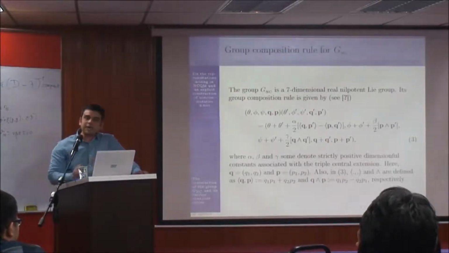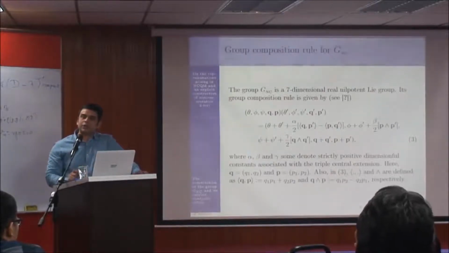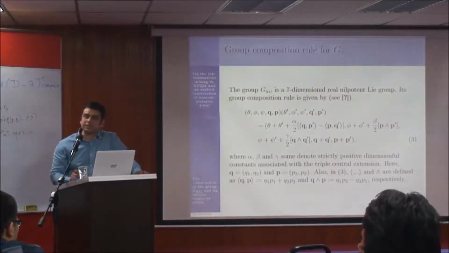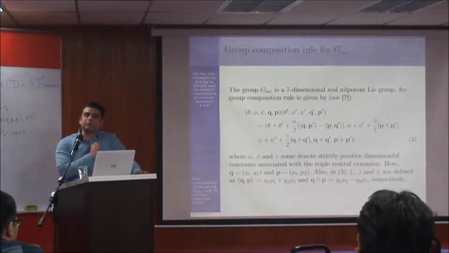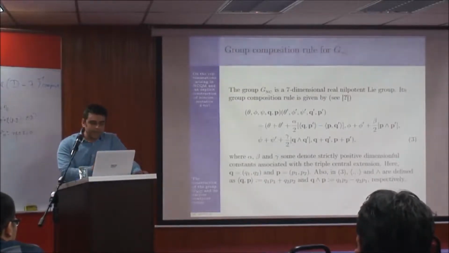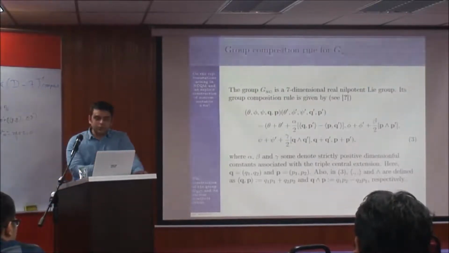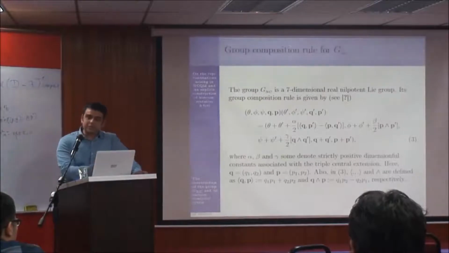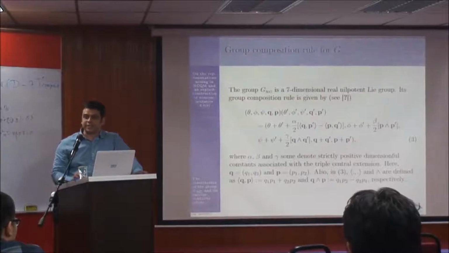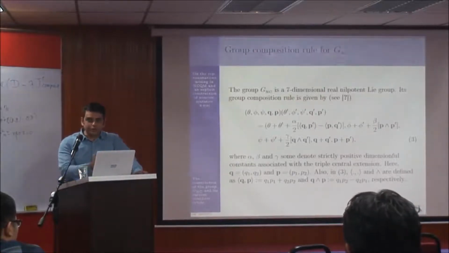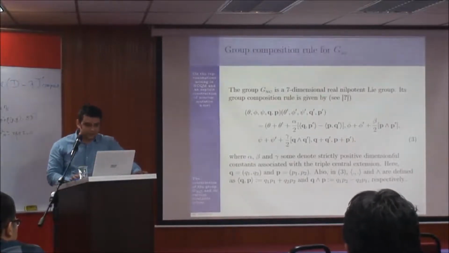So we expect alpha to have dimension 1 over q times p, so that the whole thing is dimensionless. And we expect the dimension of beta to be 1 over p squared, and the dimension of gamma to be 1 over q squared. So here we fix the dimension. The alpha, beta, and gamma were required to remove these dimensional inconsistencies. This is why we introduce these dimensionful parameters.